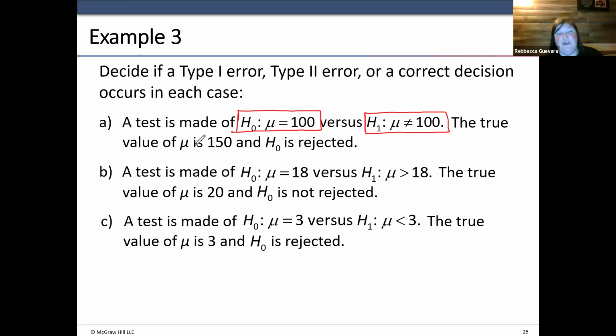The true value of the mean is 150. So null hypothesis is 100, but it's really 150. Null hypothesis is false. And the null hypothesis is rejected. So we rejected a false hypothesis. This is a correct decision.